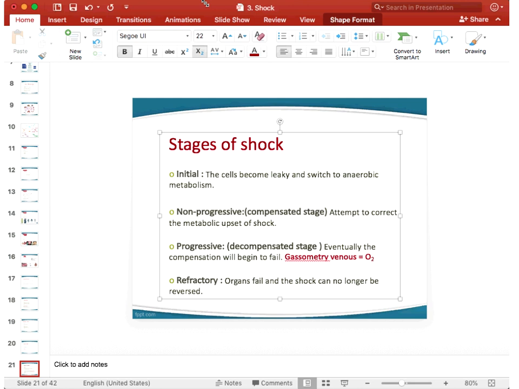Well, shock you will suspect clinically. But there's an analysis to let you know that your patient is in low perfusion. You perform this kind of test. It's very easy, it's very low cost, and the results come very quickly, within minutes.